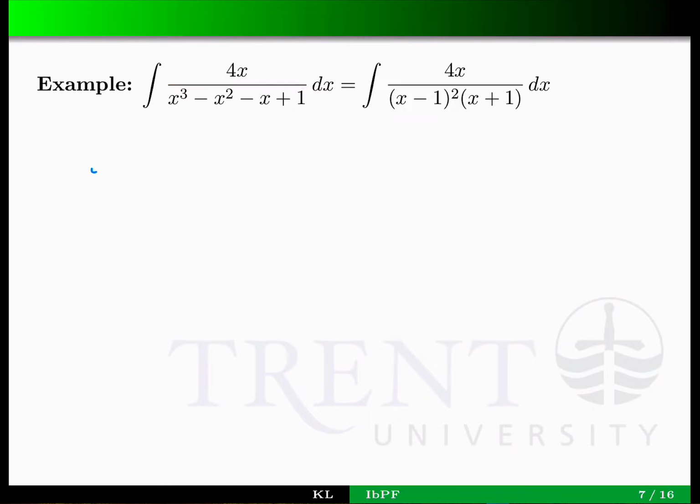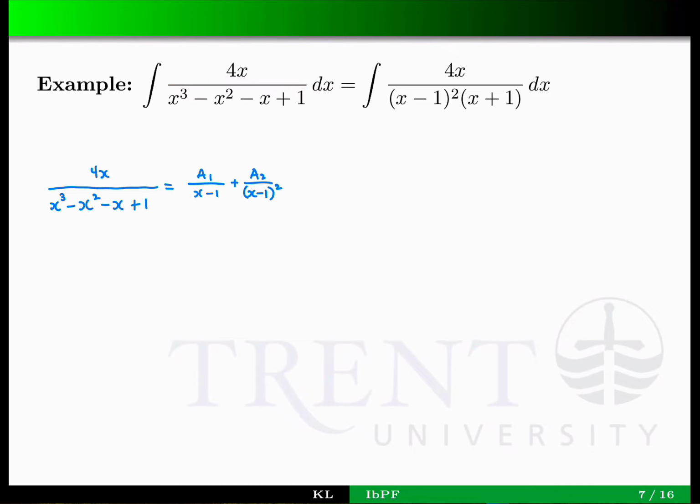Again, you want to find a partial fraction decomposition of the original integrand, 4x over x cubed minus x squared minus x plus 1. Since we got a repeated factor, x minus 1, let us use a for that. You will have a1 over x minus 1 plus a2 over x minus 1 squared.